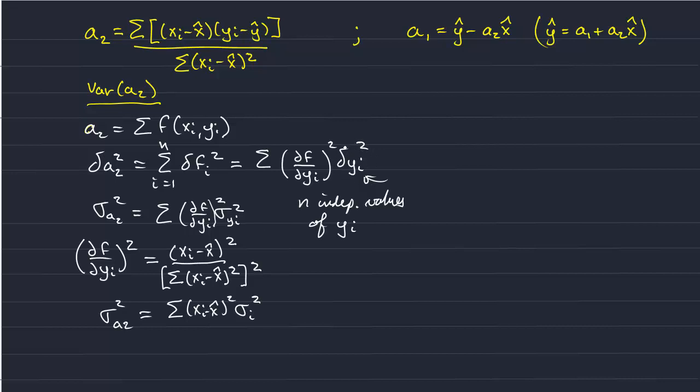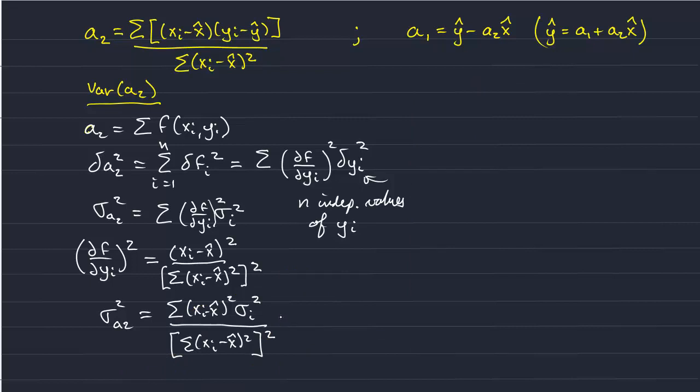So the deviation of y from the regression line is delta yi, or sigma sub i. I should use sigma squared i. And then we have the sum of square deviations of x from its mean, all to the fourth power.